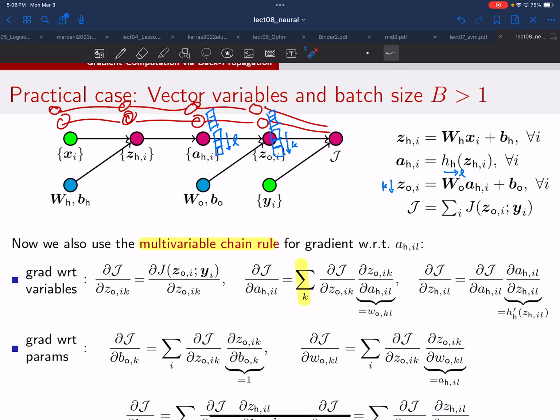And so if I want to do dz_i^k/da_i^l, I'm looking at the kth row and lth column of the W matrix. So that's why it's going to be W_kl.